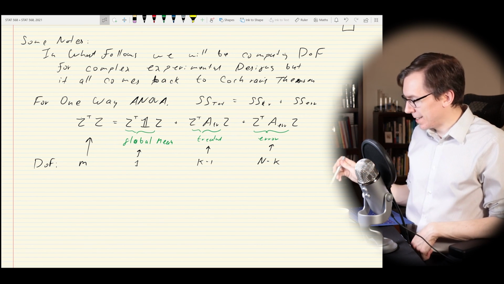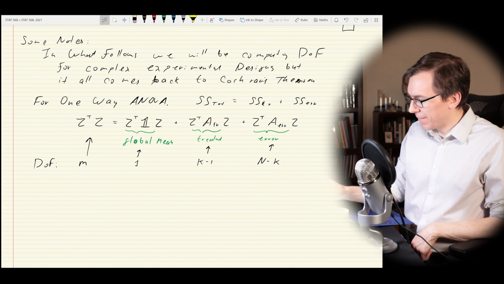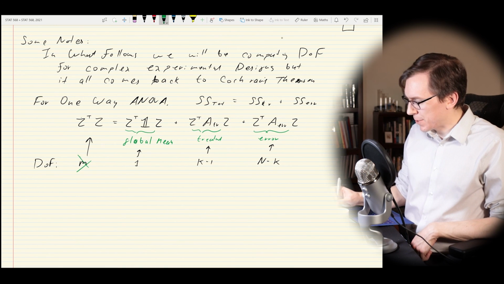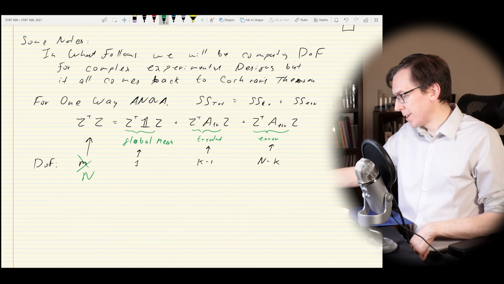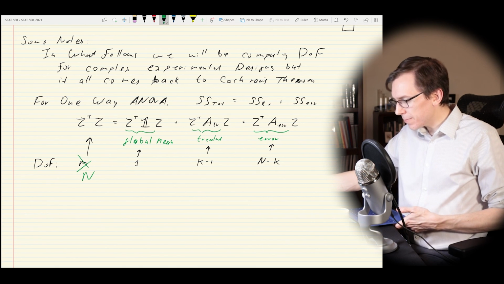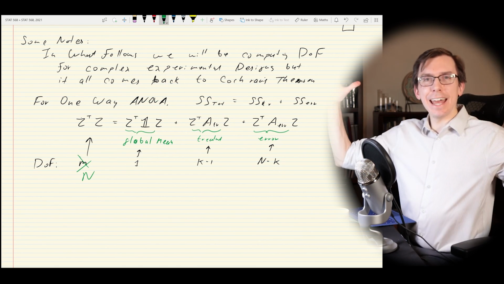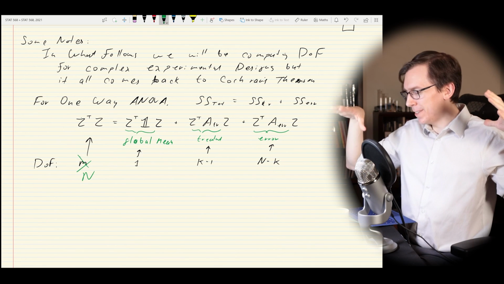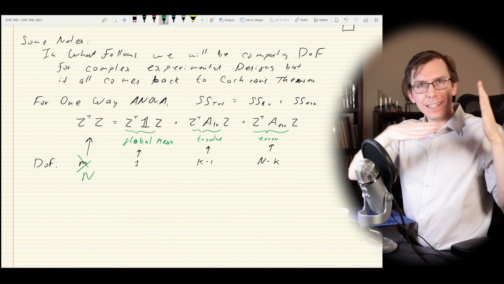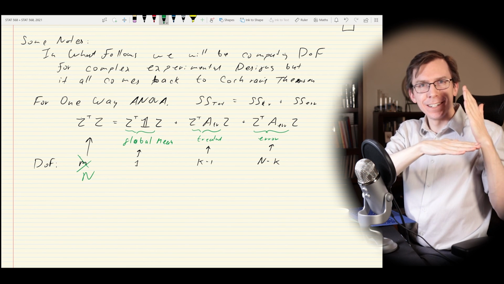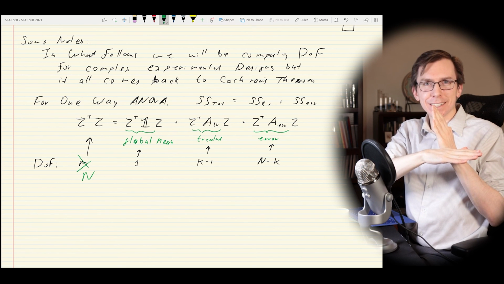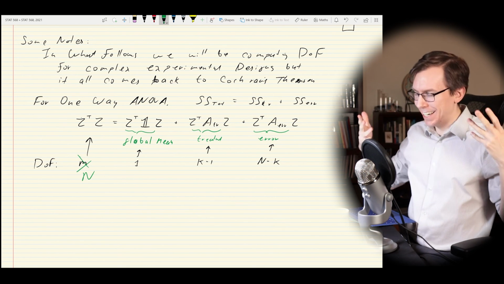I'm mixing my notations here. This was supposed to be a capital N, so that it all adds up correctly. But the idea is that our data lives in n dimensions, and each of these quadratic forms lives in some linear subspace that's orthogonal to the other linear subspaces.